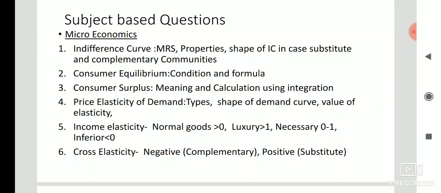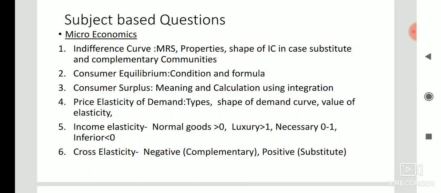Starting from microeconomics, first is the indifference curve. Most of the time, questions come in the form of what is MRS, or questions come from properties of the indifference curve or the shape of the indifference curve in case of different commodities.